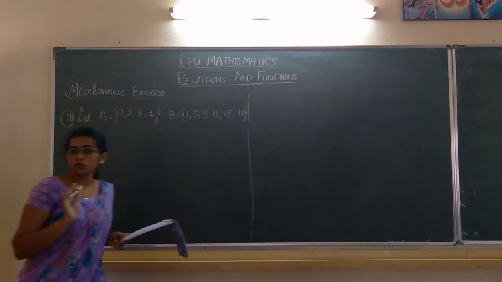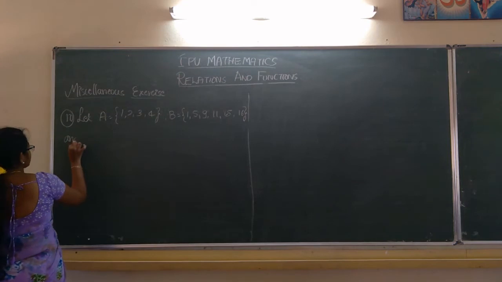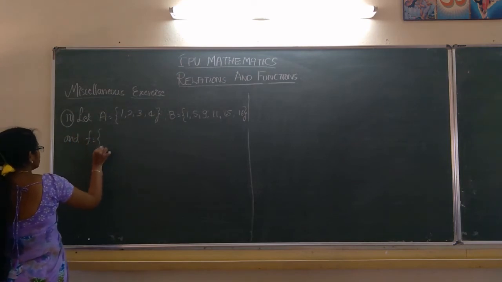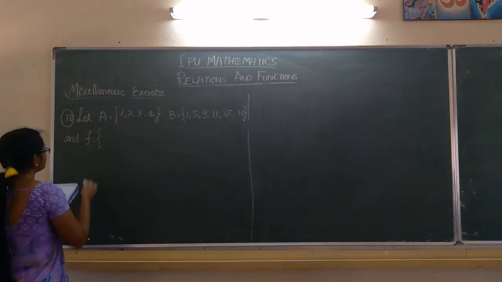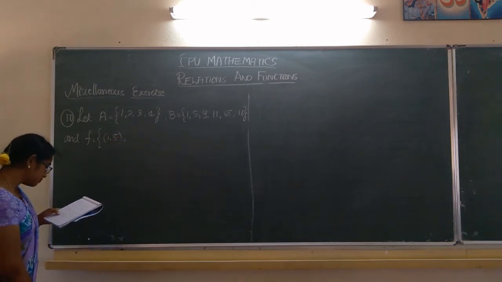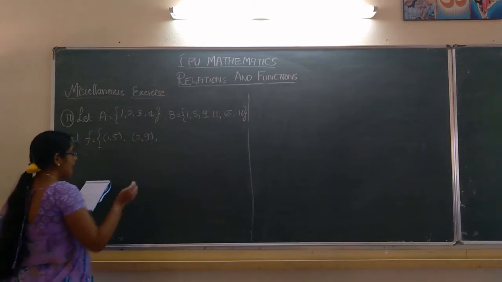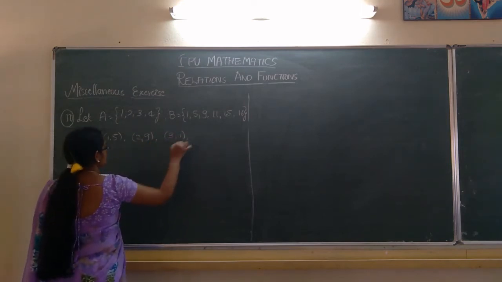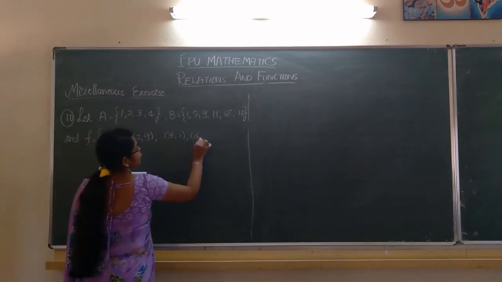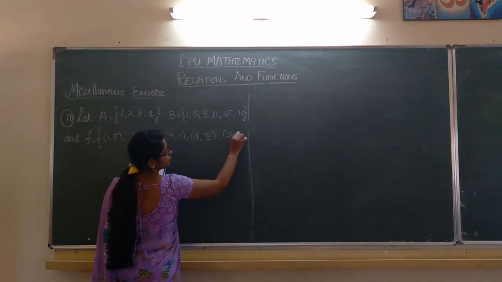These are the two sets A and B, and they have given the function f also. f is given to be equal to the ordered pair 1 comma 5, ordered pair 2 comma 9, ordered pair 3 comma 1, ordered pair 4 comma 5 and ordered pair 2 comma 1.